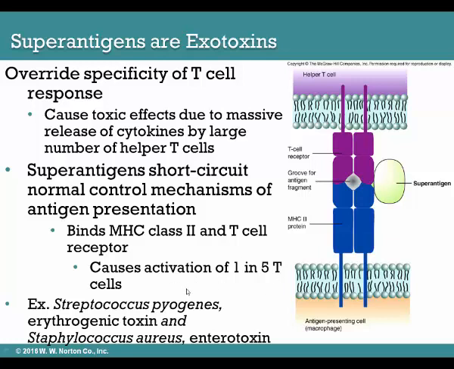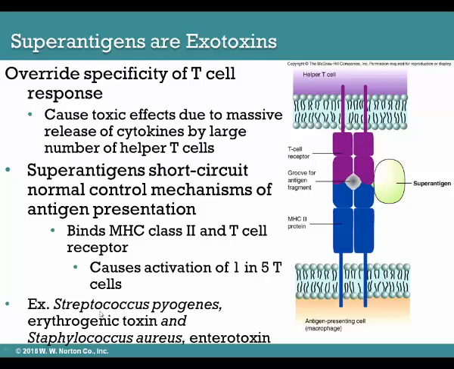Hence the incredibly high percentage of T helper cells that are activated by these toxins, leading to an improper T cell immune response. And remember, the helper T cells are also helping to activate the B cells, so both B and T cells would be improperly activated as a result of these helper T cells being activated by a superantigen.